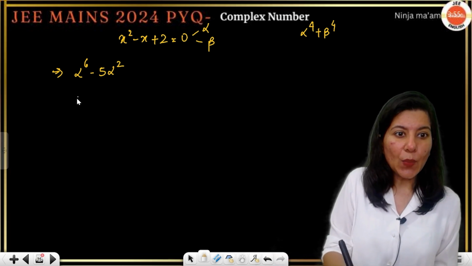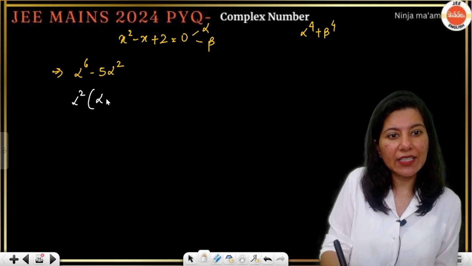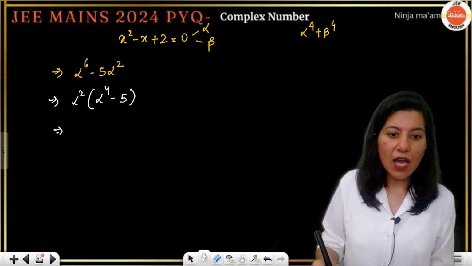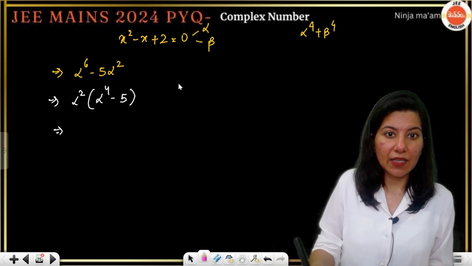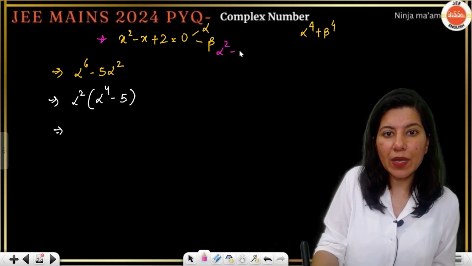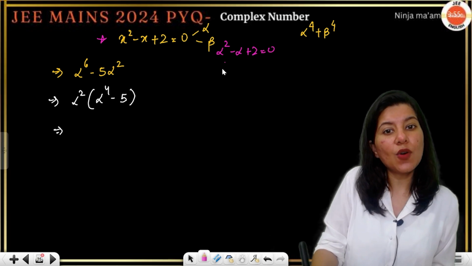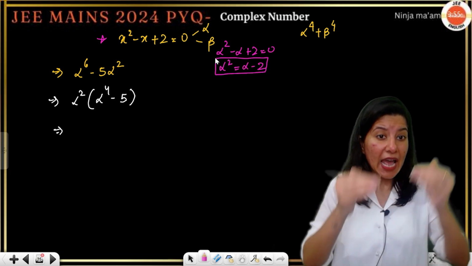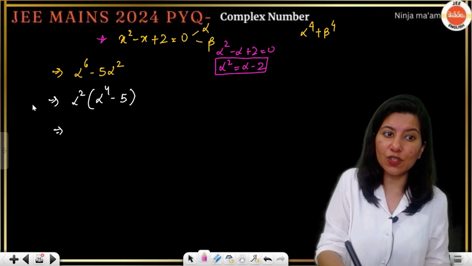Now alpha square, if I take common, I will get alpha power 4 minus 5. Perfect. Now just understand, alpha is a root of this, right? So can I just write alpha square minus alpha plus 2 is equal to 0, or rather alpha square is equal to alpha minus 2. We'll make use of it and reduce this expression.